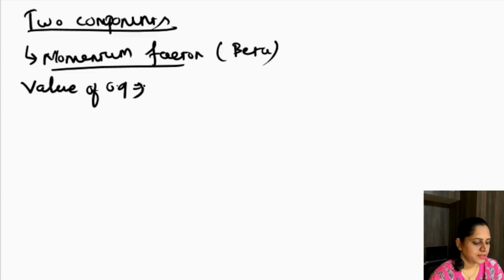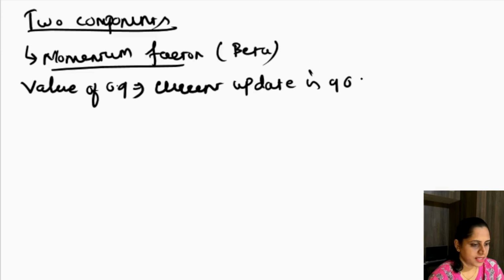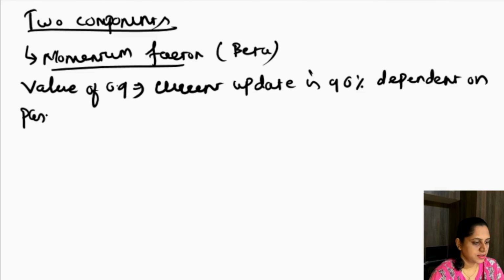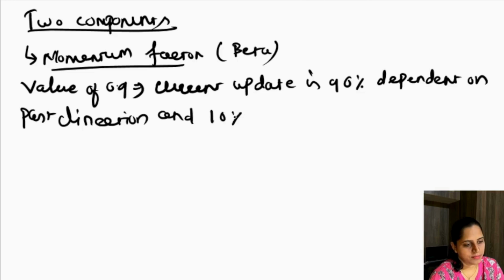So what it means, what I told you, is that my current update is 90% dependent on past direction and 10% on current gradient.